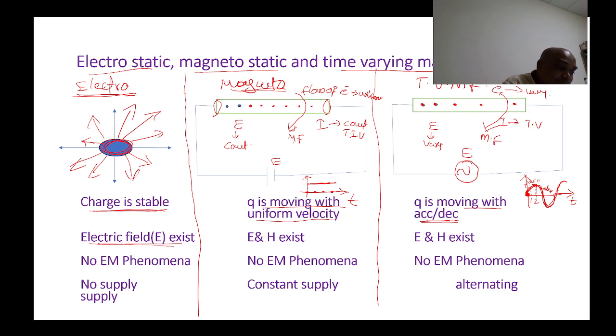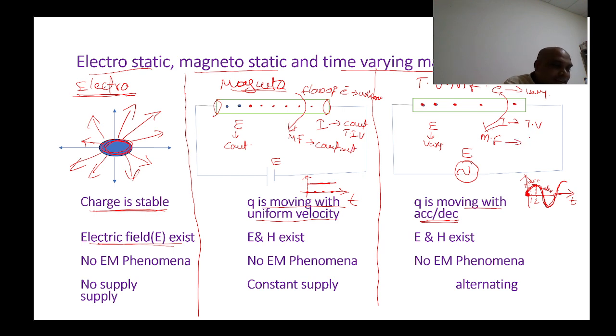But which type of magnetic field? Magnetic field is directly proportional to current. Here the current is constant, so a time invariant magnetic field. So the magnetic field developed in the conductor is also time invariant. So which type of magnetic field is developed? A constant magnetic field is developed.